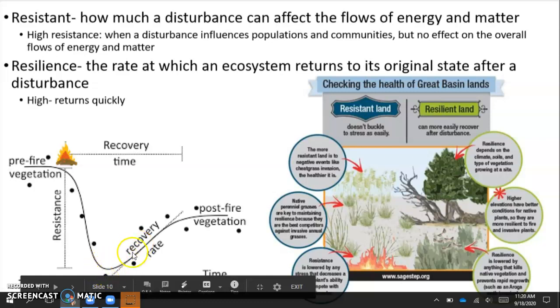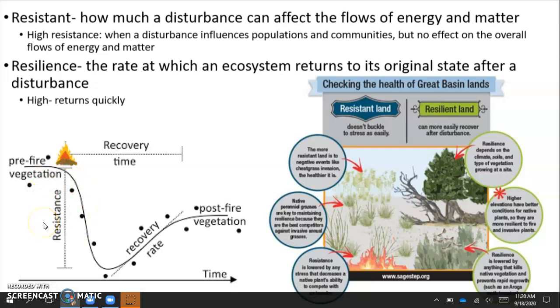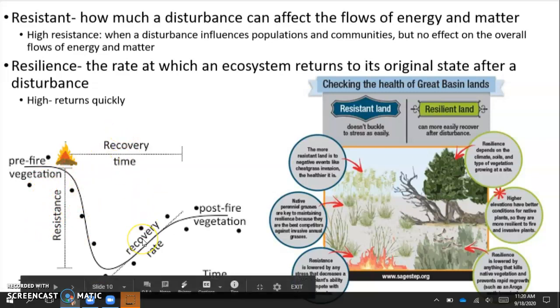Over time, this vegetation recovers, and then we get to our post-fire vegetation. So the resistance is how much the disturbance affects the flow, and the resilience is the rate at which it returns. This recovery rate would coincide with the resilience, and the resistance is how much disturbance actually occurs.